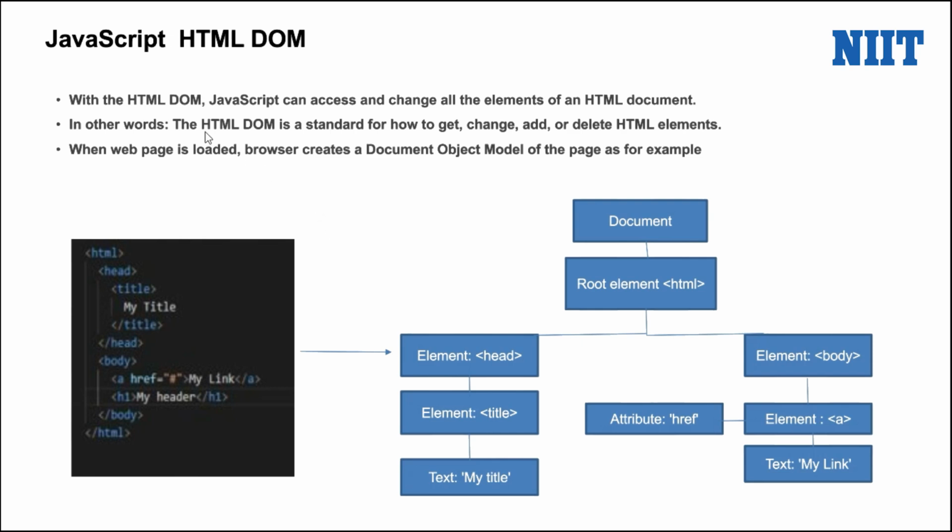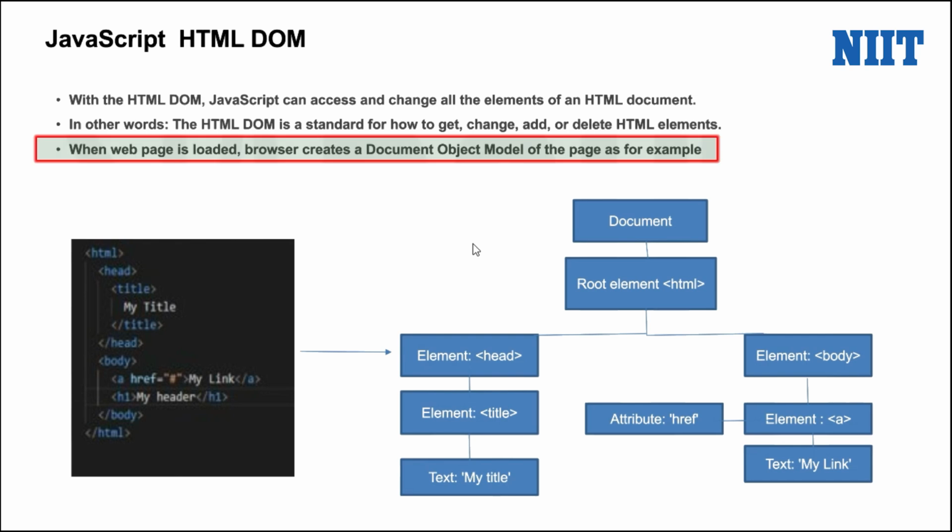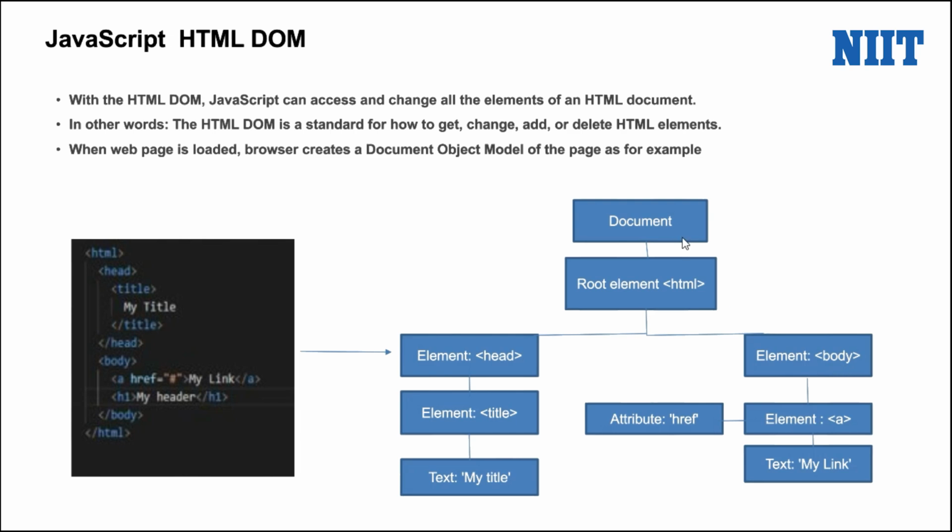Lastly, when we talk about the JavaScript HTML DOM, with the HTML DOM, JavaScript can access and change all the elements of an HTML document. So when the web page is loaded, the browser will create a document object model as shown on the screen. So this is the document, its root element is HTML. It has elements like head and body.